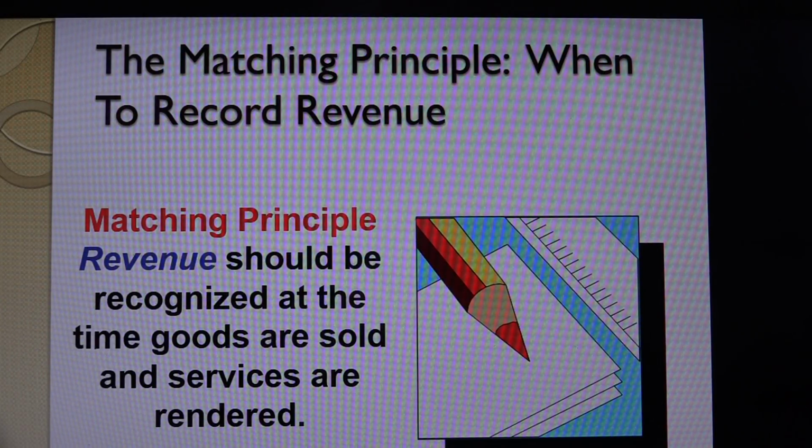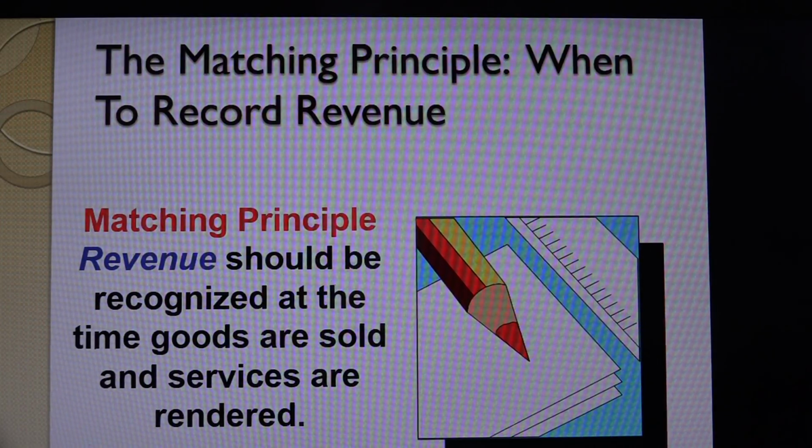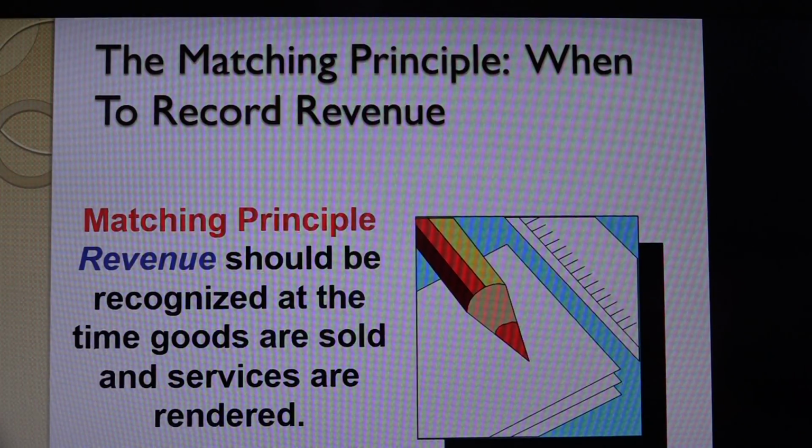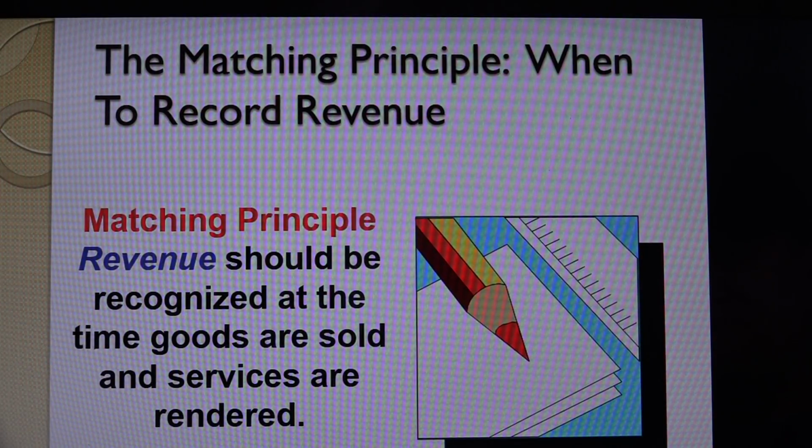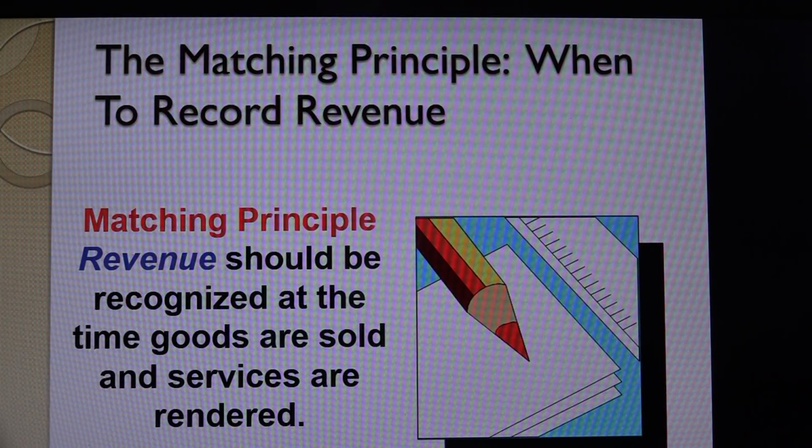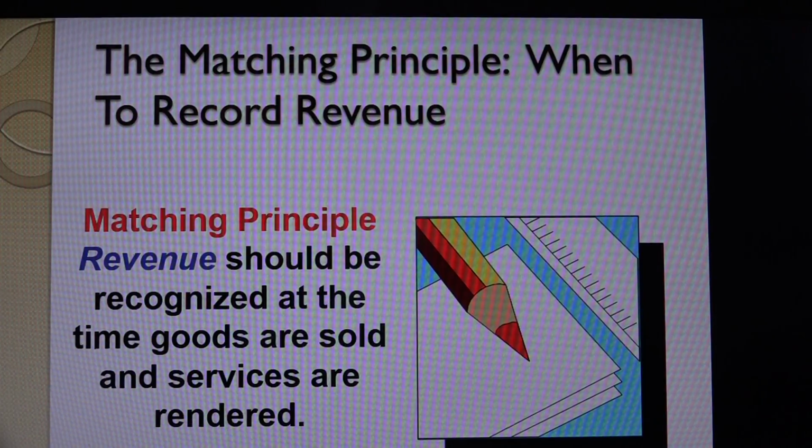The accrual method of accounting is generally accepted accounting principles. Okay? And as such, one of the principles involved here in the accrual method of accounting is we have to match our revenues and expenses.